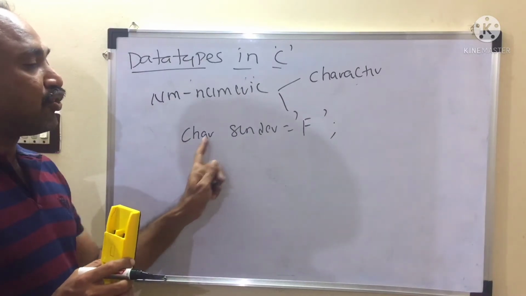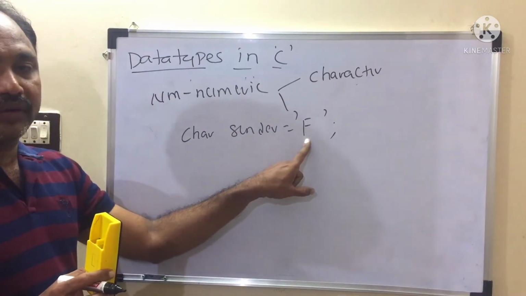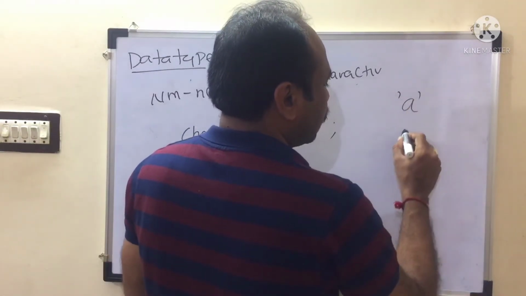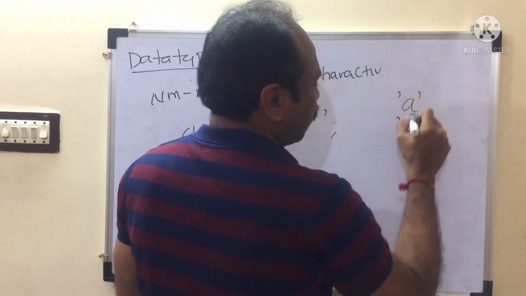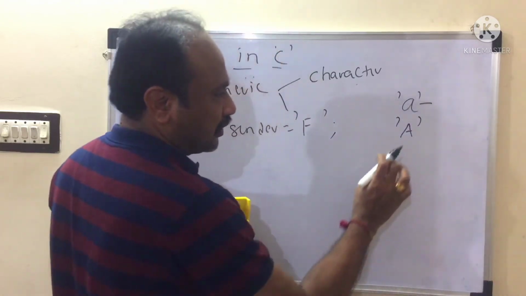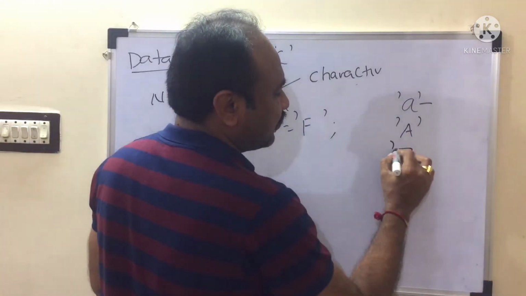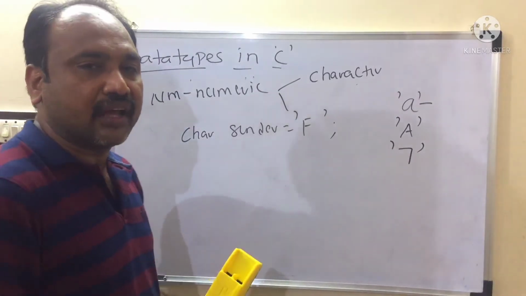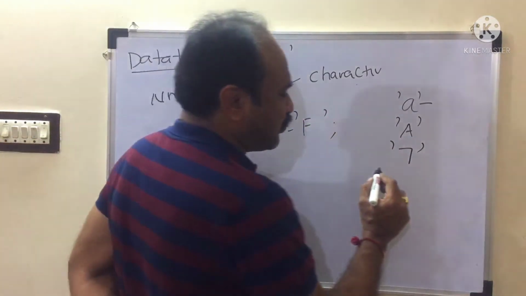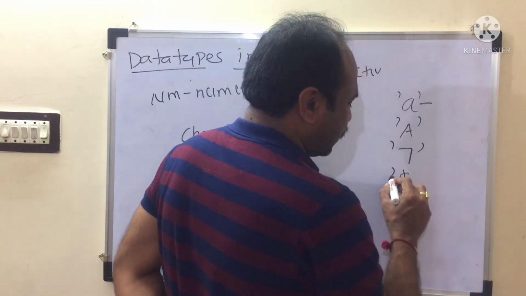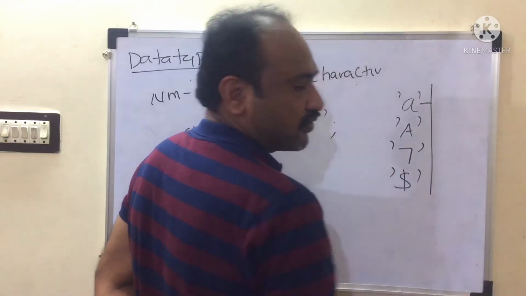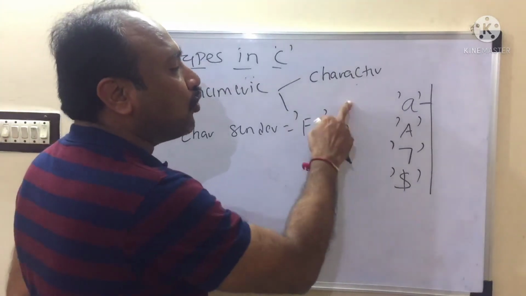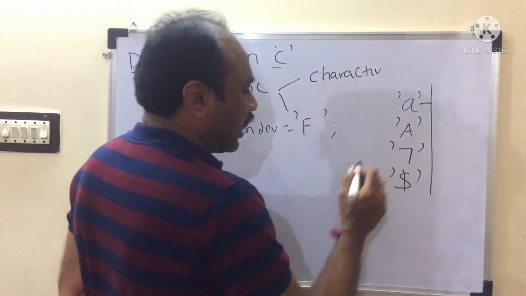A single character should be enclosed in single quotes. It may be a single alphabet, uppercase or lowercase. Or a single digit enclosed in single quotes is referred to as a character constant. It may be a special symbol also, like dollar. All these are characters. A single character enclosed in single quotes is referred to as a character.